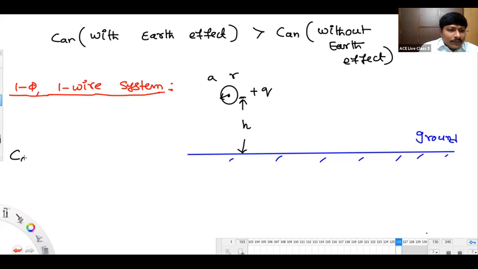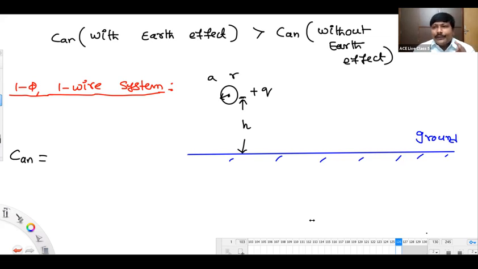All of you listen to me. With what term should I start the numerator? Capacitance of A to neutral means with what term do I have to start the numerator? 2 pi or pi? 2 pi.